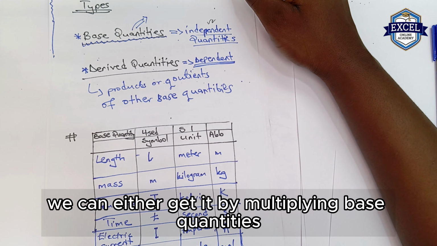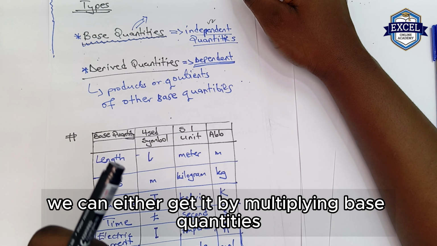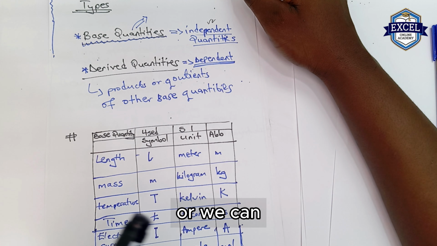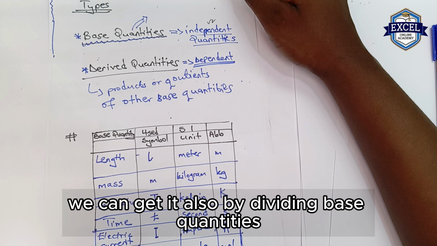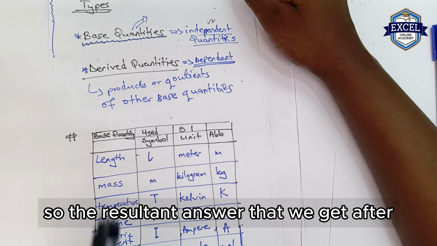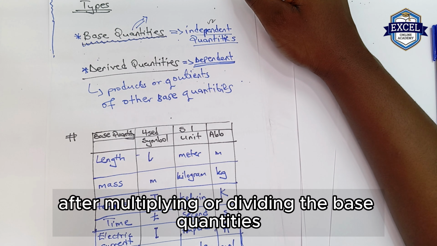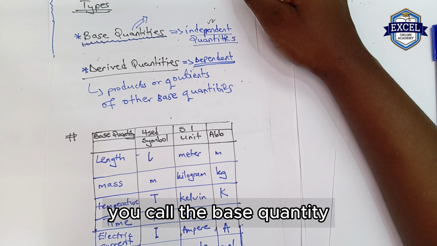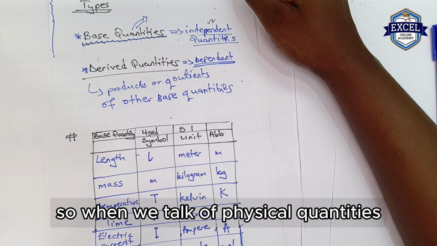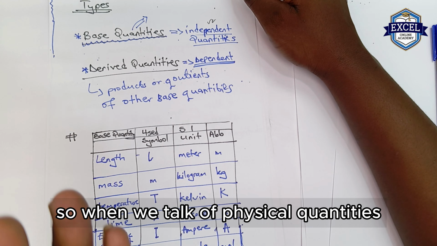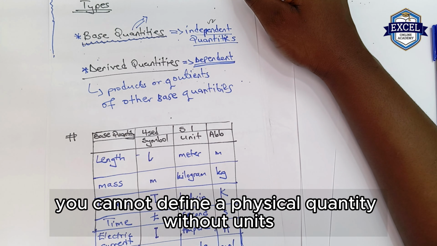A derived unit, we can either get it by multiplying base quantities, or by dividing base quantities. The resultant answer that we get after multiplying or dividing the base quantities is what we call the derived quantity. When we talk of physical quantities, you cannot define a physical quantity without units.